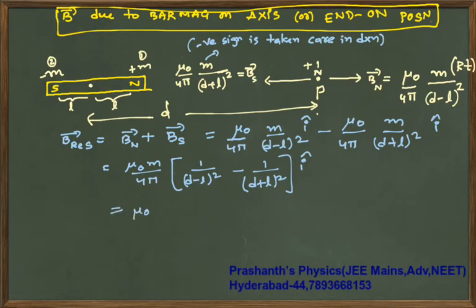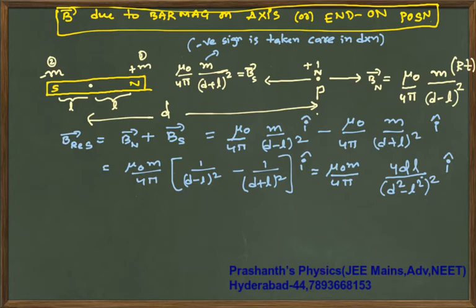If you simplify this, in this step you are going to get mu naught m by 4 pi into (d plus l) whole square minus (d minus l) whole square, which is 4dl by (d square minus l square) whole square into i cap. Now observe very carefully. I am going to rearrange this term.